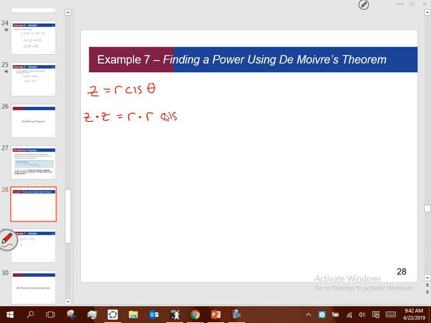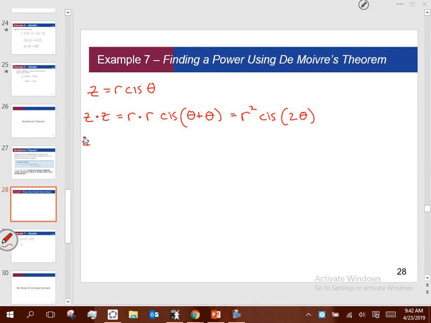And then it'd be cis, and then the theta of your first complex number plus the theta of your second complex number, right? And you can rewrite that then as R squared cis of 2 theta, correct?